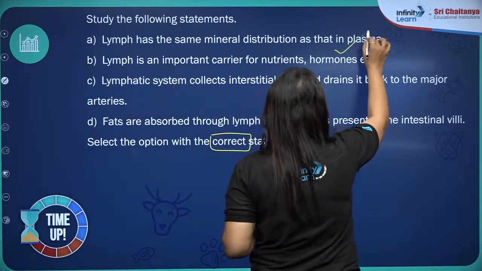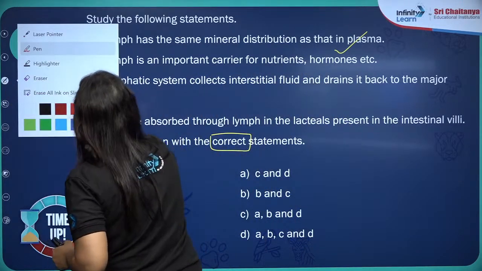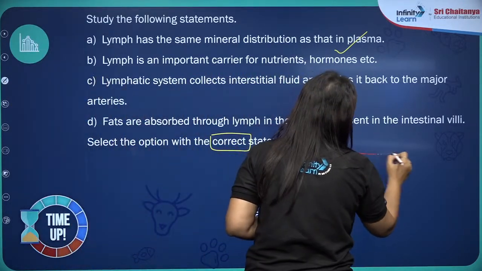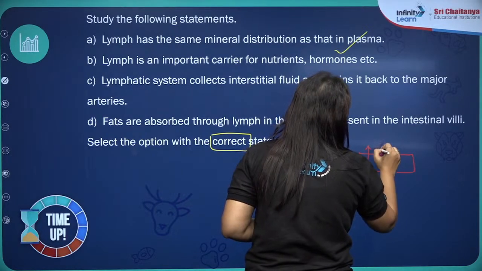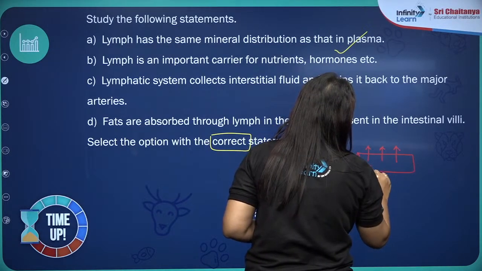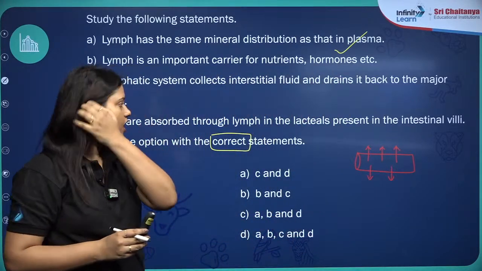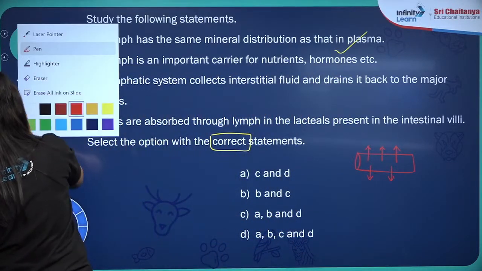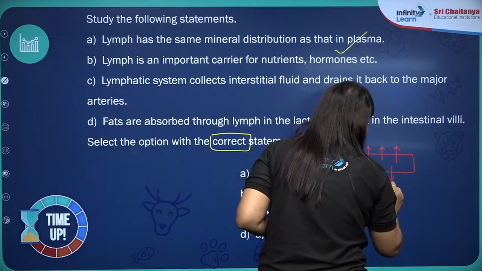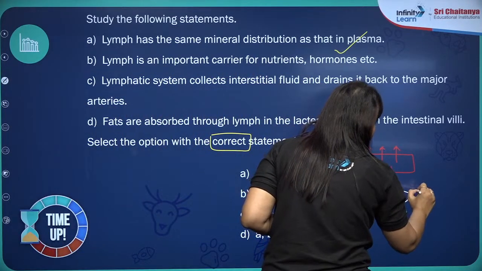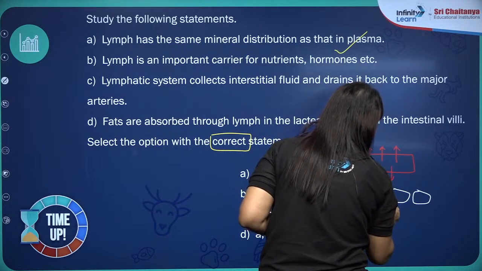So this I told you earlier also, that if this is a blood capillary, right? Now water and soluble substances together with WBCs will be coming out and will be forming the interstitial fluid.